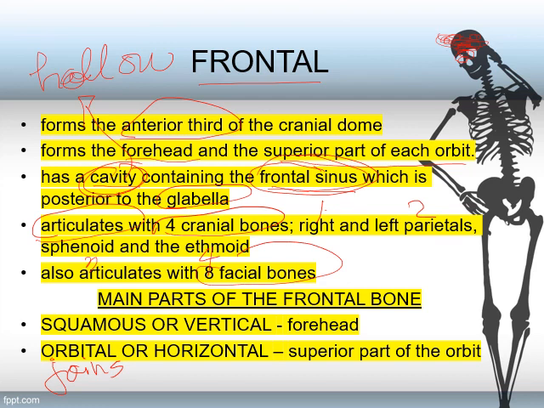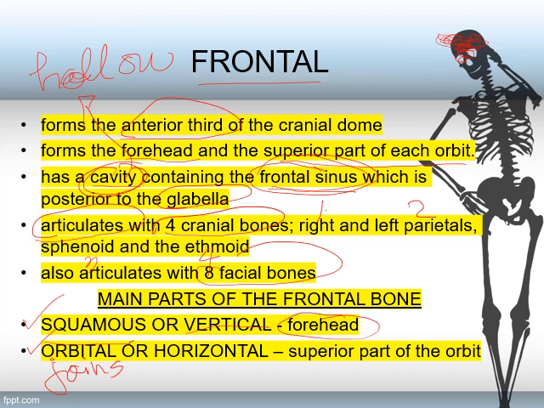So, the frontal bone is divided into two main parts. We have the squamosal or squamous and the orbital or the horizontal portion. The vertical portion of the frontal bone, or the squamous or squamosal part, forms the forehead.